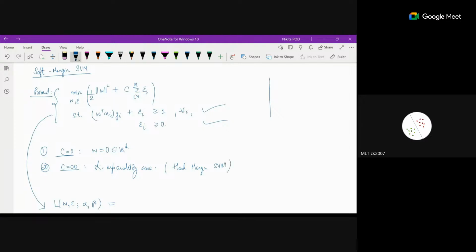This will happen, right? Because if C is infinity, think about this. If C is infinity, ideally this whole term should go to infinity in that case.